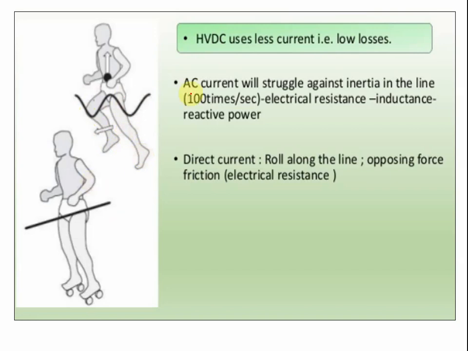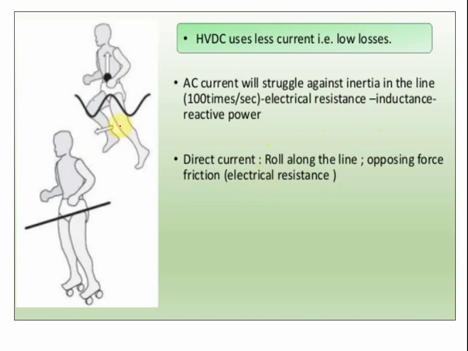So here I summarize two points. AC current will struggle against the inertia in the lines, 100 times per second. That inertia means the opposition offered by electrical resistance, inductance, and reactive power to the AC current. Now, direct current rolls along the lines, so this opposition, the inductance, is not there, and the opposing force is friction only, that is, electrical resistance.